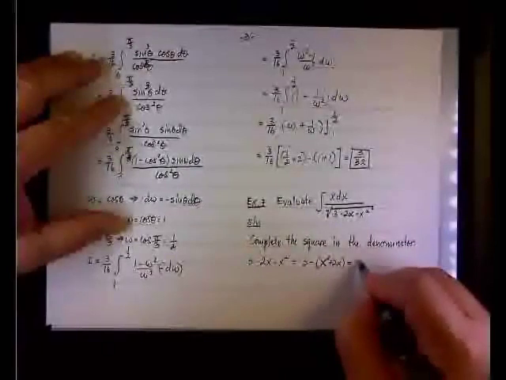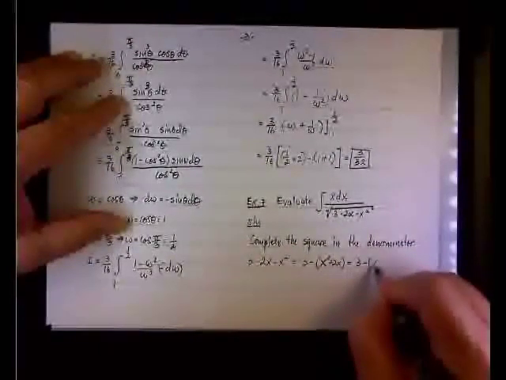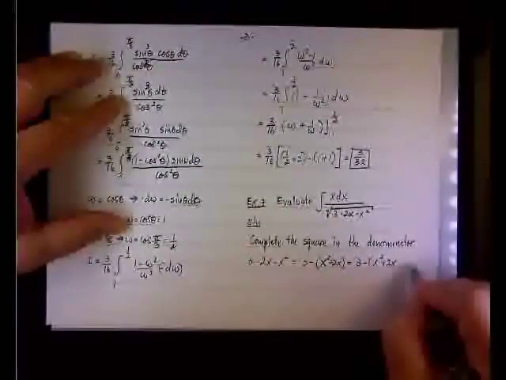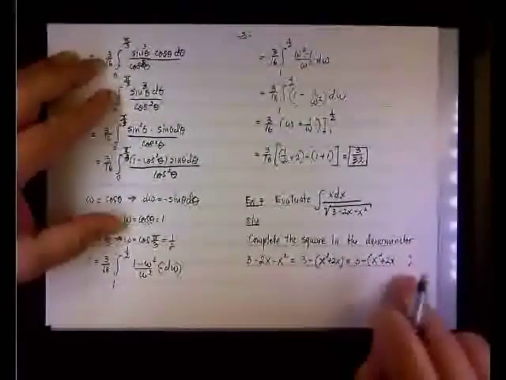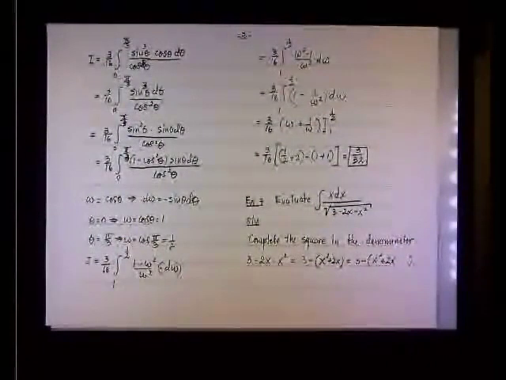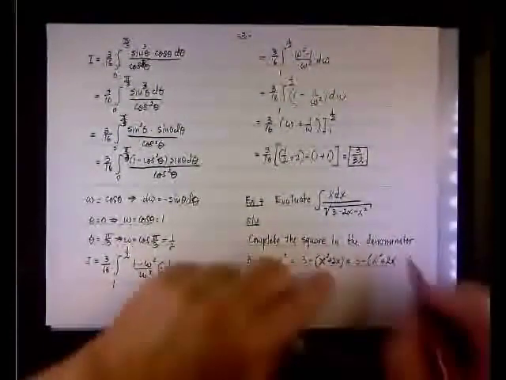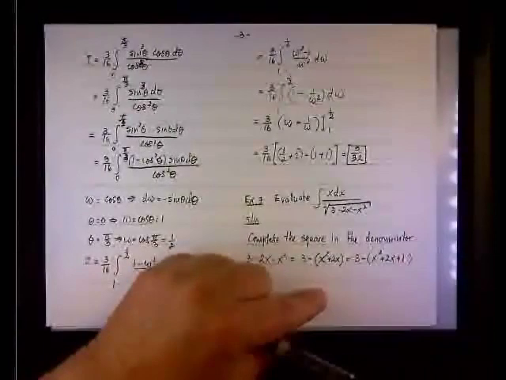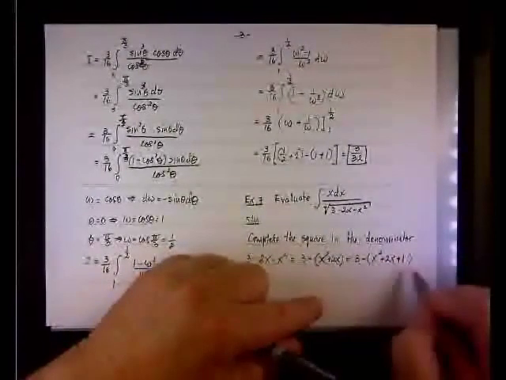And I'd like to add something to x squared plus 2x such that this trinomial will be a square. So what do I need to add here? 1. Because x squared plus 2x plus 1 is x plus 1 squared, right?